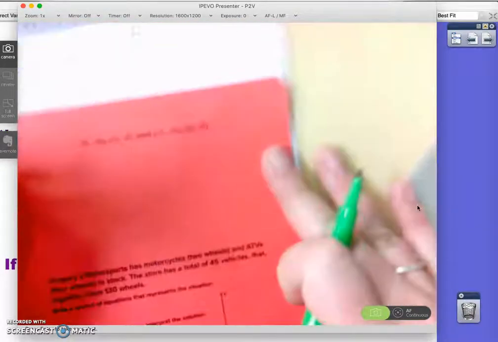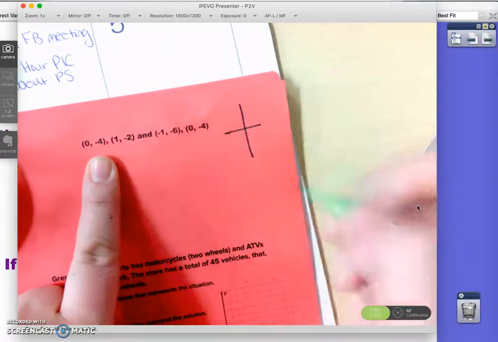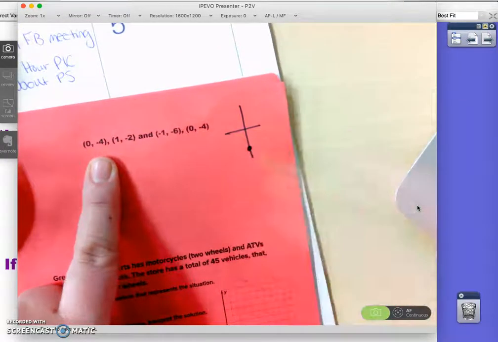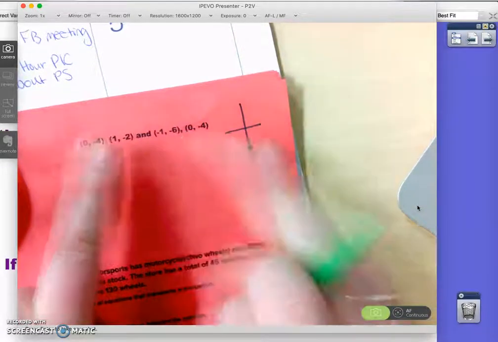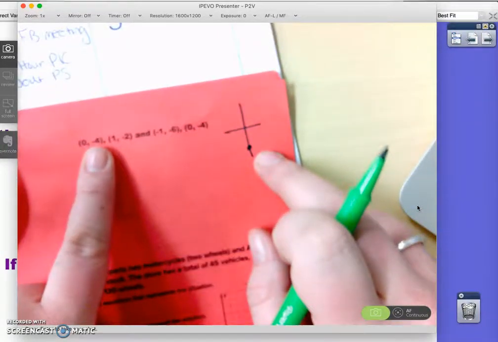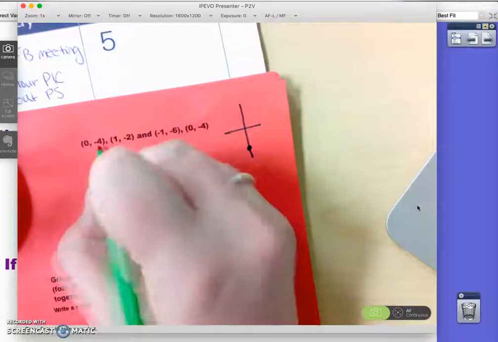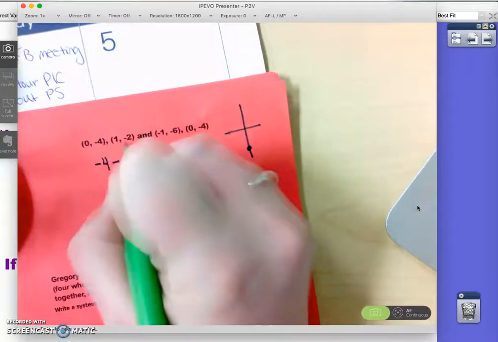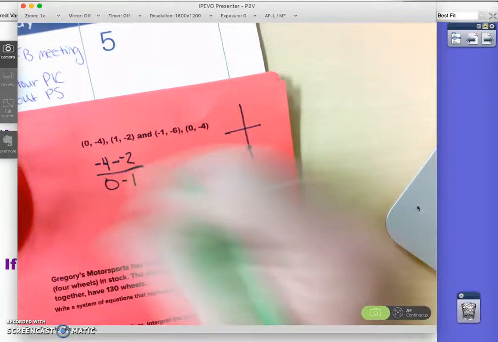Okay, and then our last one, we see here we have the same y-intercept. Now, this could mean that I have two lines that intersect at (0, -4). But if I have the same y-intercept and the same slope, then it's going to be infinitely many. So you have to double check the slope. Negative 4 minus a negative 2, 0 minus 1.